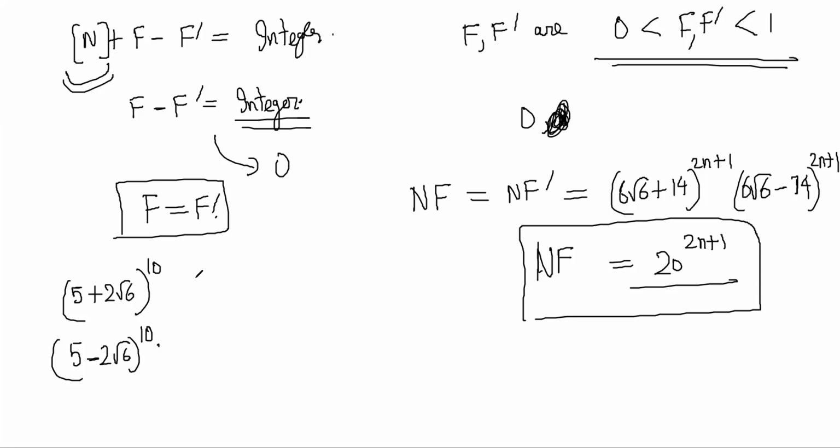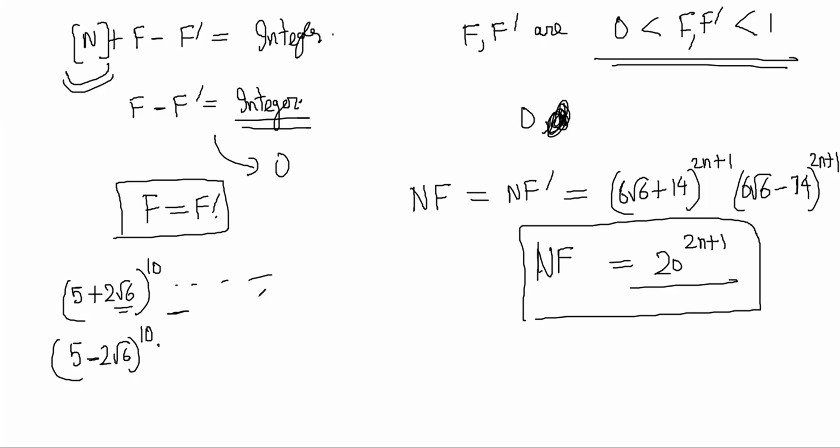In some cases, if it is like this, I would probably do the same thing that I just did, because I want to remove the root terms and preserve it as an integer. So I will probably subtract here.